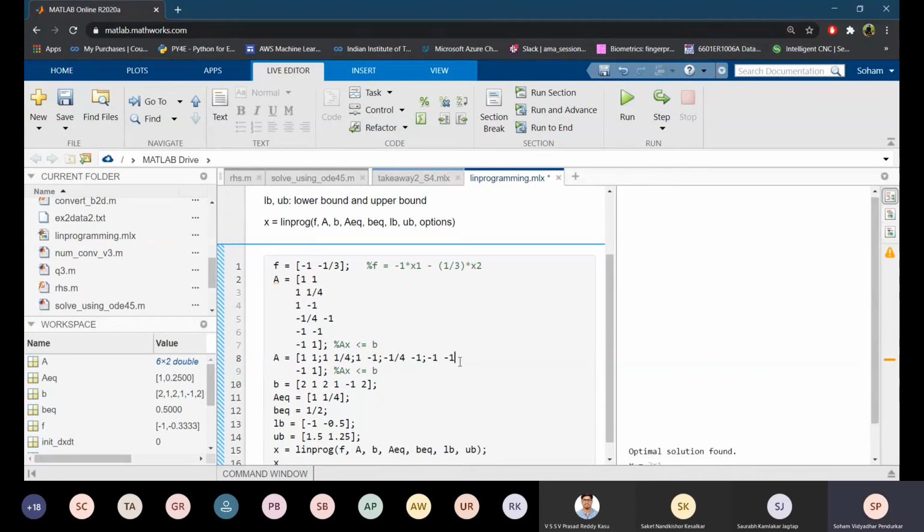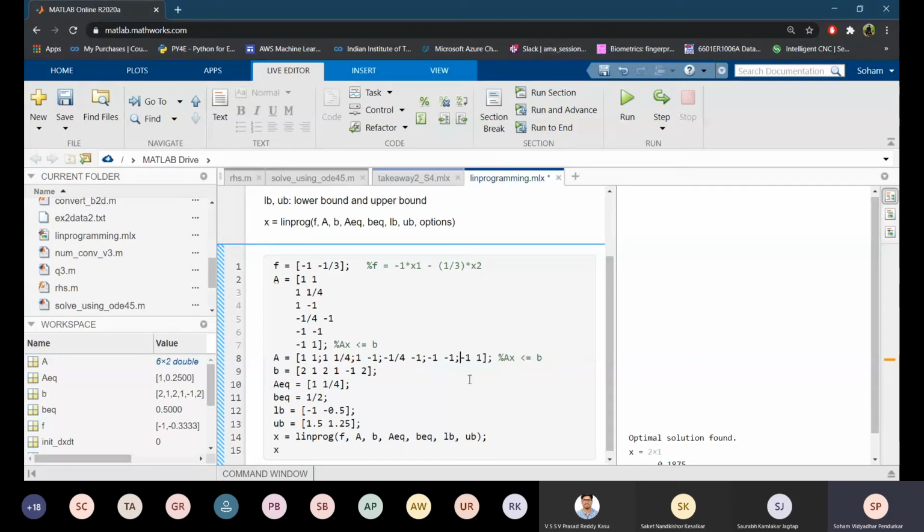I don't think it will work, because b is a row vector: 2 1 2 1 -1 2.